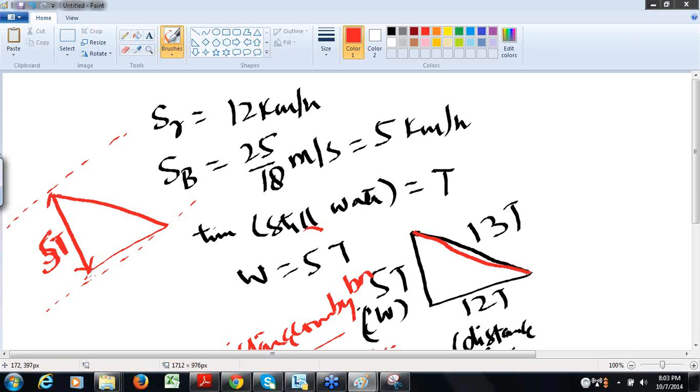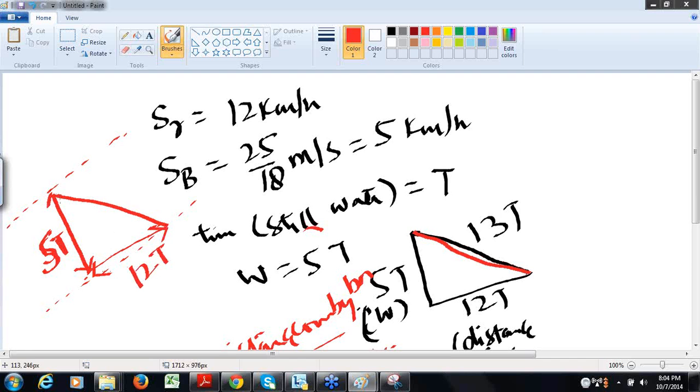Now what it is saying is the distance it traveled on ground. If there is only the speed of the river and no still water speed, and the speed of the boy is 0, then the distance traveled by the current will be what? 12t.